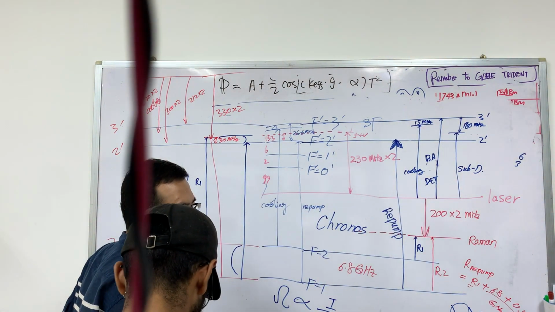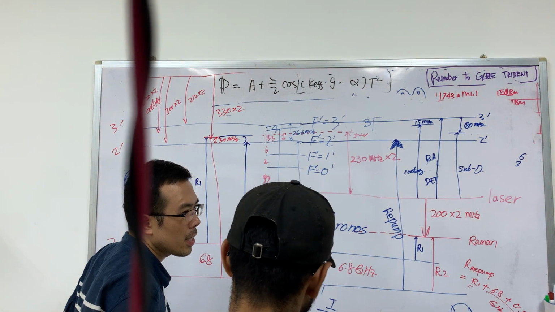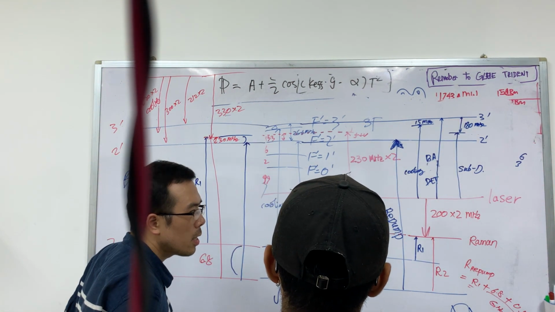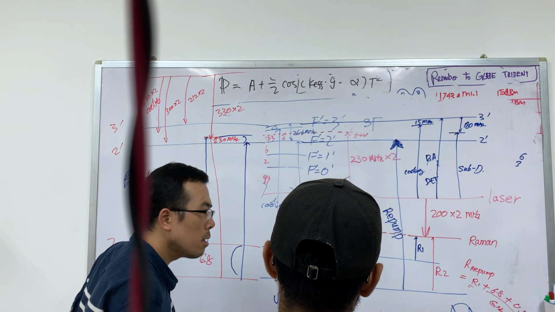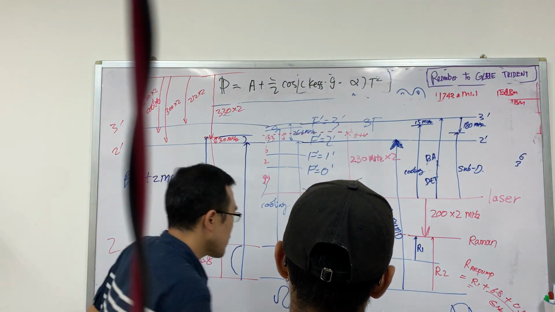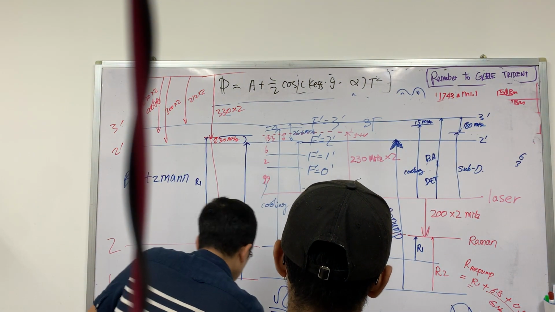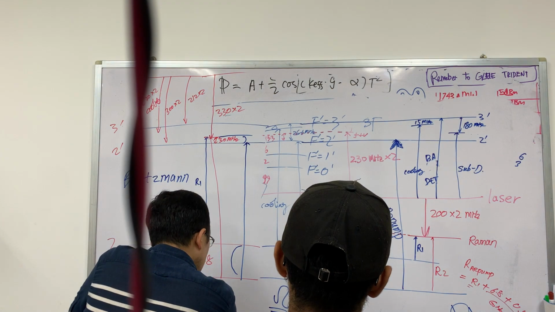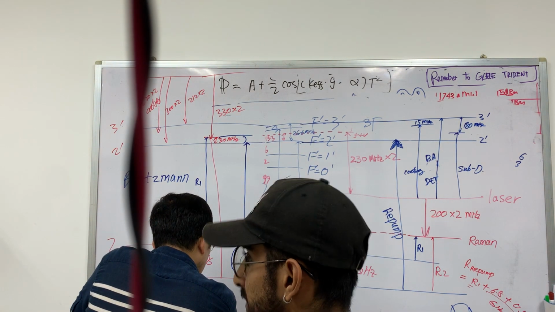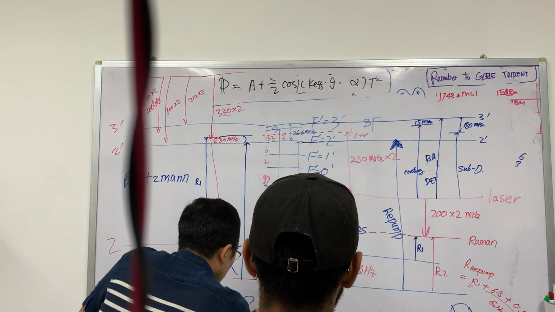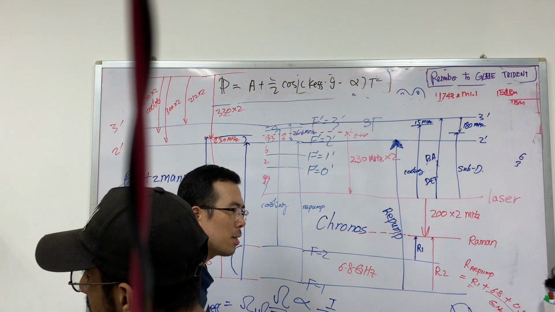It is about the coupling because this omega, the effective 2-photon omega, is a product of omega 1 and omega 2, right?